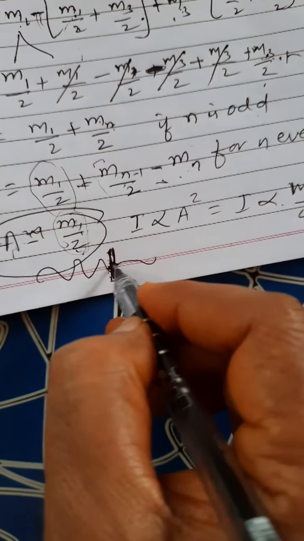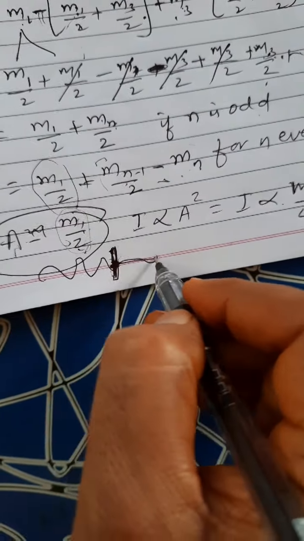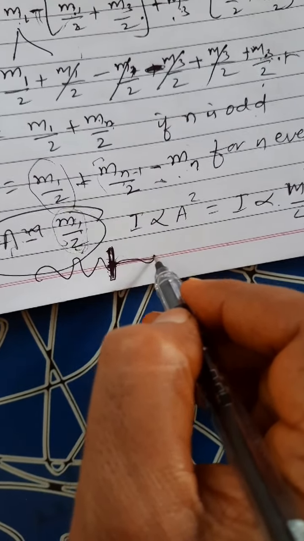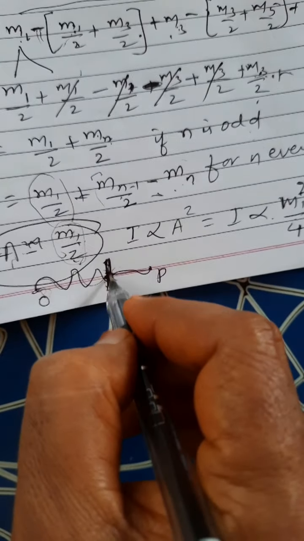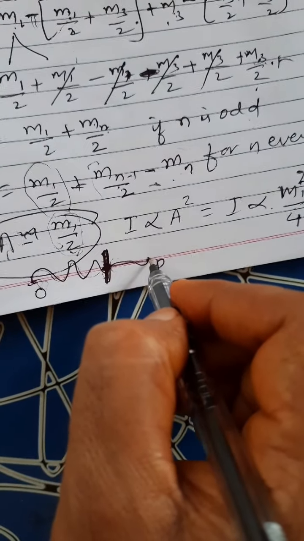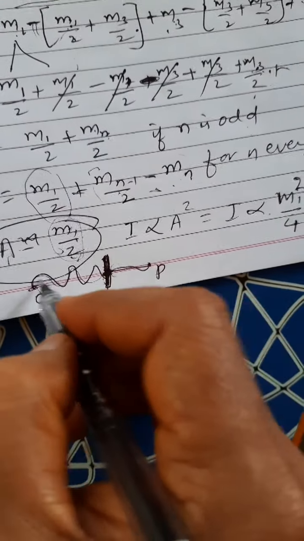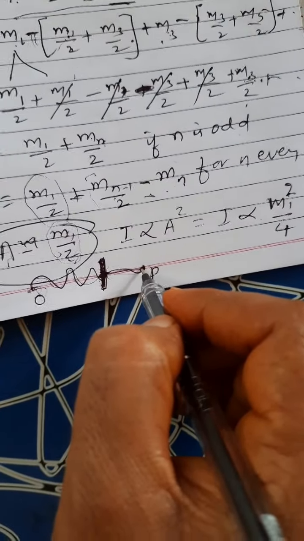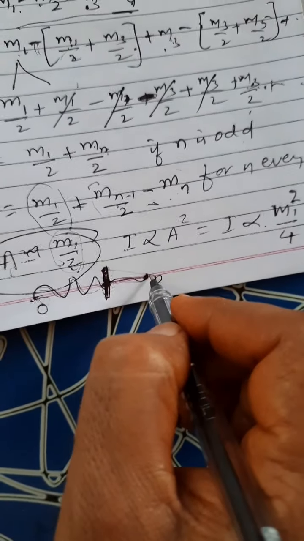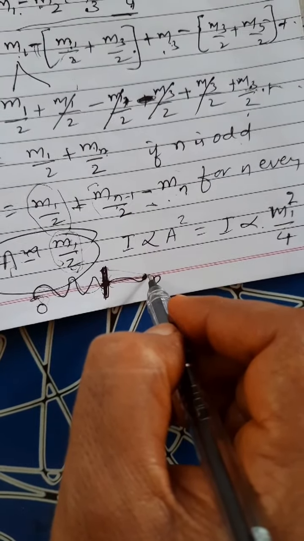It is able to block the light reaching point P. Got this point? For that reason, when an obstacle comes here, you don't see the light reaching point P. Means a shadow is formed, right?